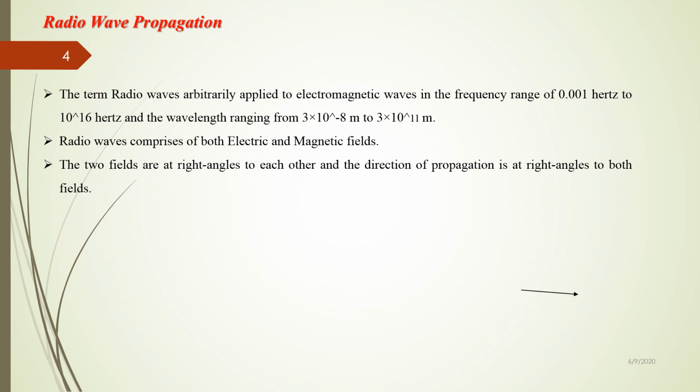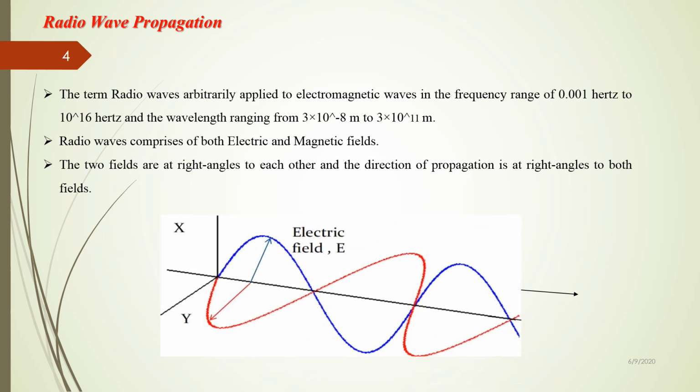Now the next topic is radio wave propagation. So what is propagation? Propagation implies the traveling of an electromagnetic wave between the transmitter and the receiver. An electromagnetic wave consists of moving electric and magnetic fields which are perpendicular to each other and also perpendicular to the direction of propagation.